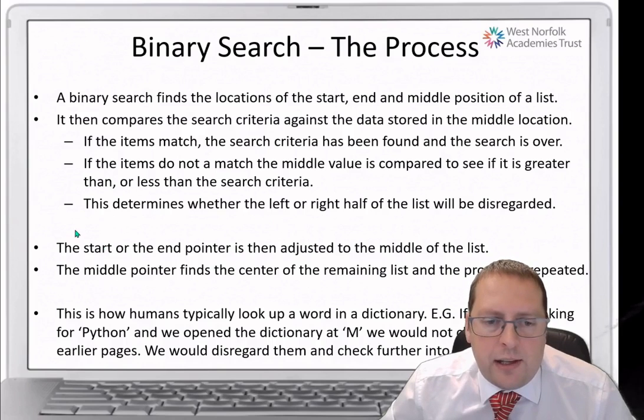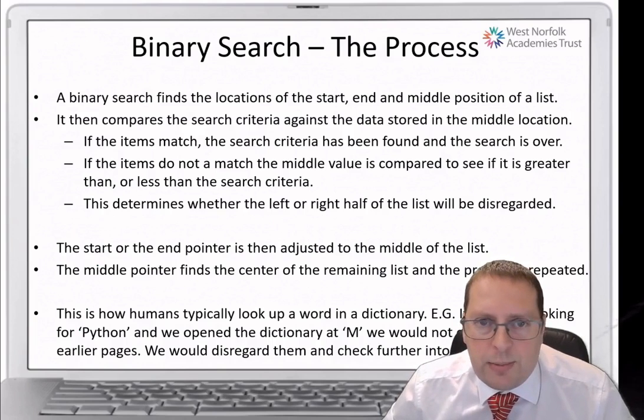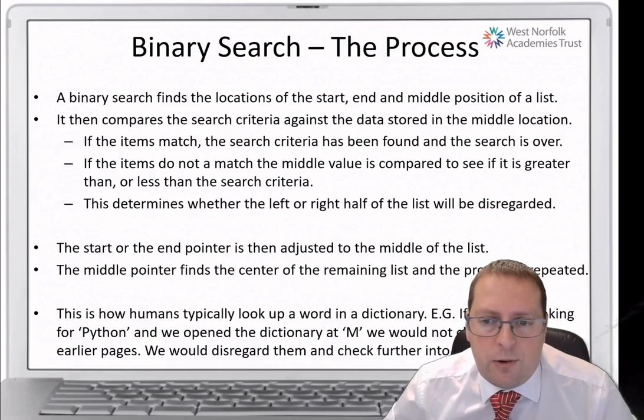If I said to somebody, guess a number between 0 and 100, and I wanted to be efficient, I would go to the middle number and say 50. If the number I'm looking for is 80, that's the number I've got in my head, I start at 50 and they say no, it's bigger.